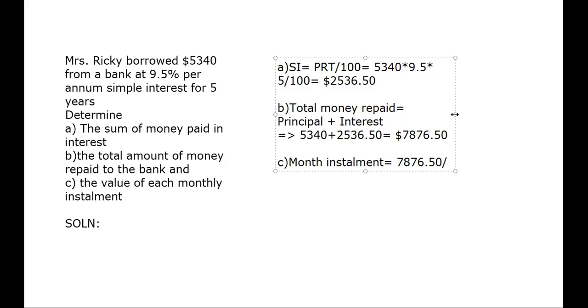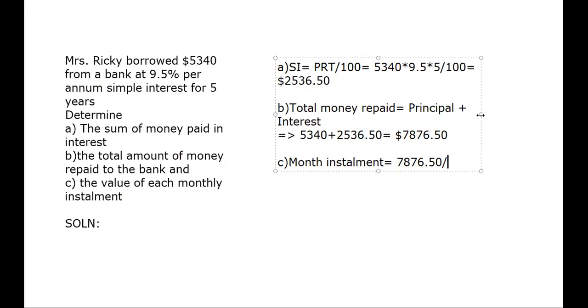And we have 5 years to pay it off. But since they want monthly, we have to break up the 5 years into months. So you'll multiply 5 by 12, which is 60, because there are 12 months in each year.